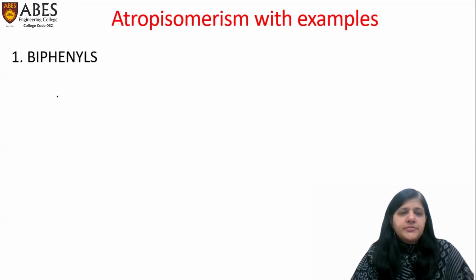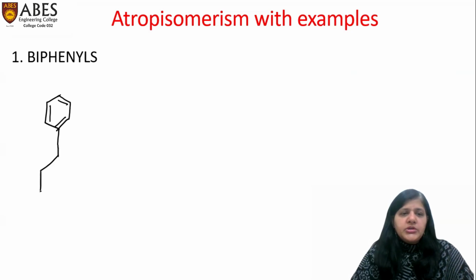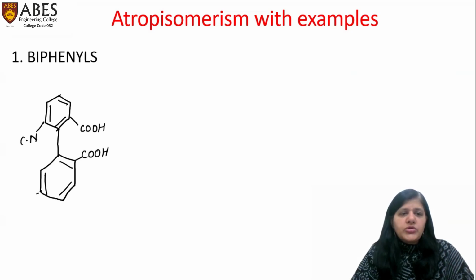For example, this biphenyl, which has two bulky groups at the ortho positions, shows the atropisomerism phenomenon, which is optical activity without chirality. The two bulky groups on the molecule are the carboxylic group and the nitro group at the ortho positions.